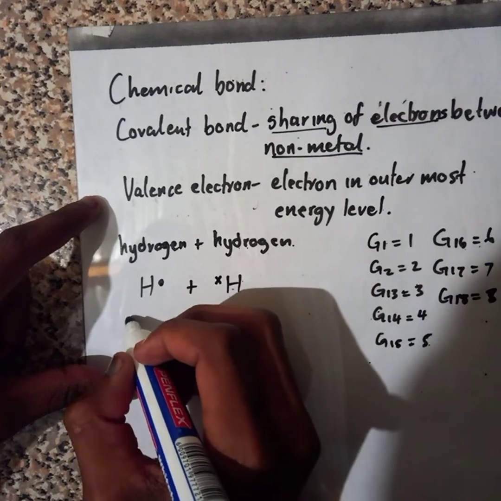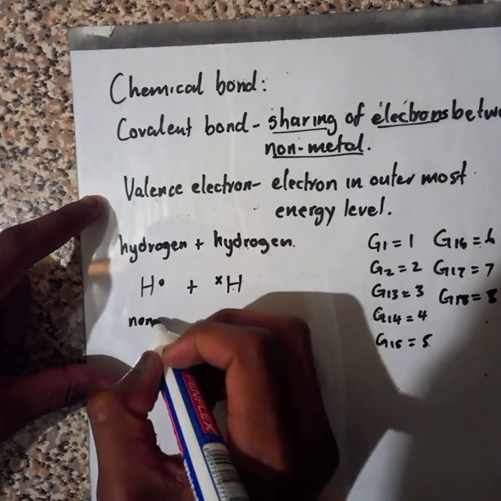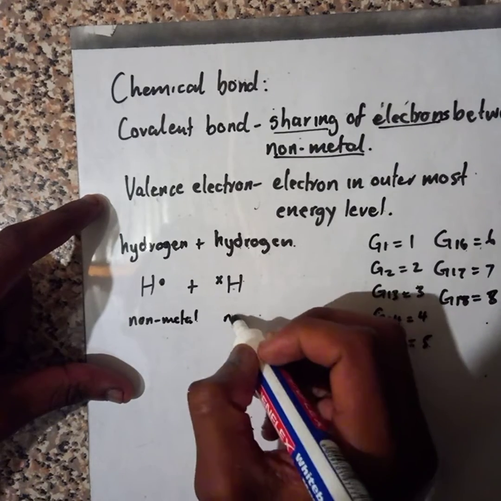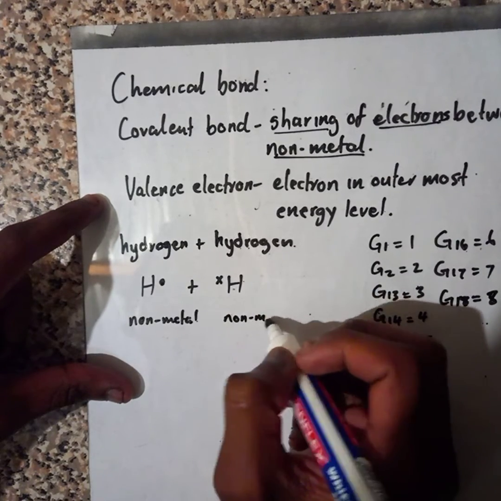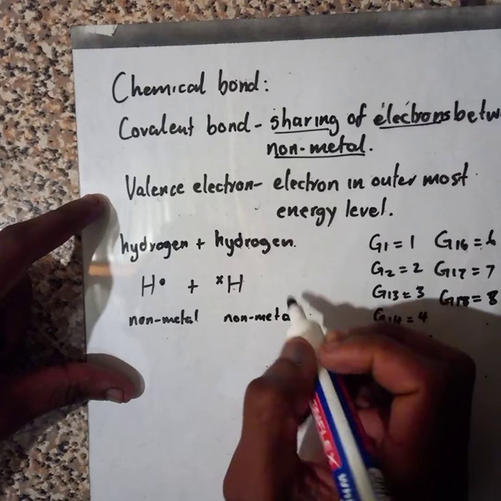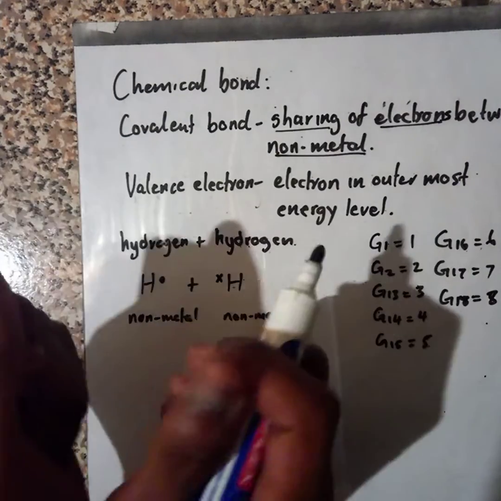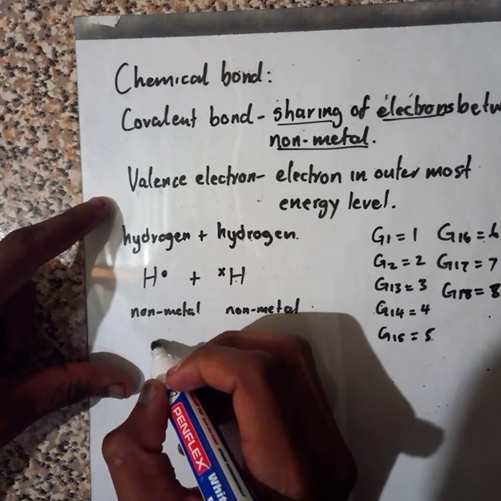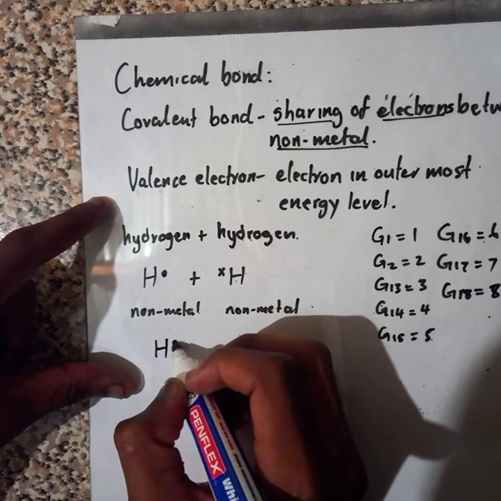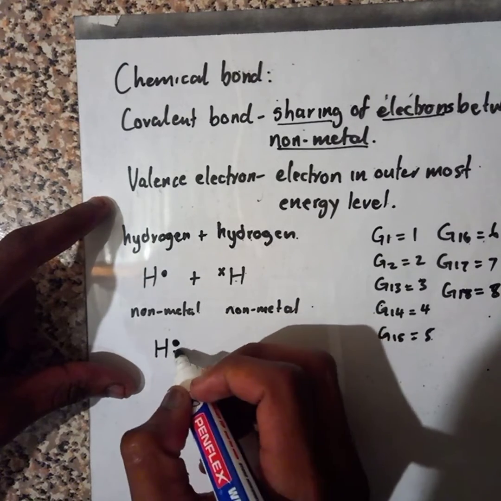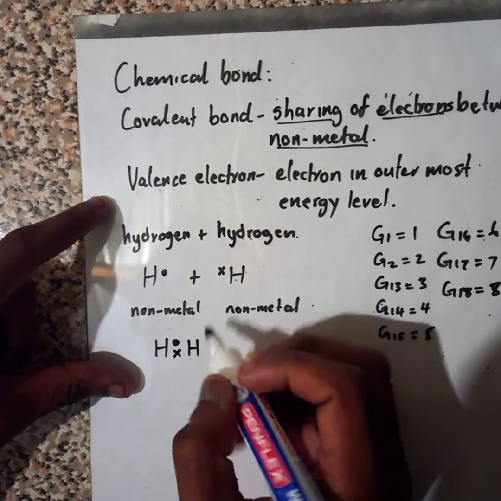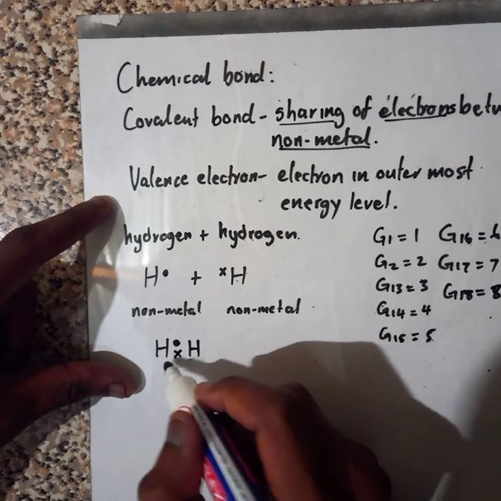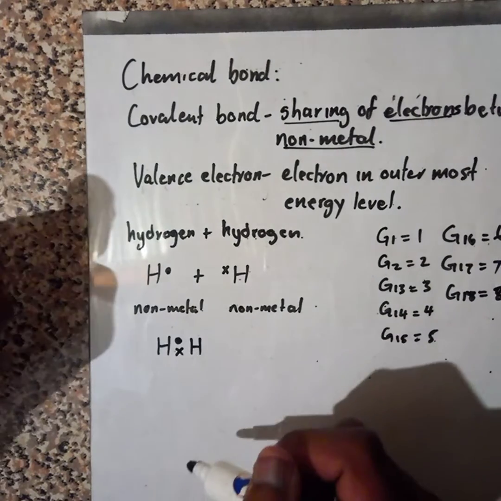Bear this in mind, we have a non-metal and a non-metal. For this one, they share what? They are going to share electrons like this. The valence electrons of this and this, they will share the electron.